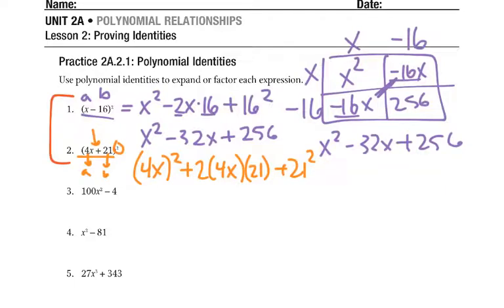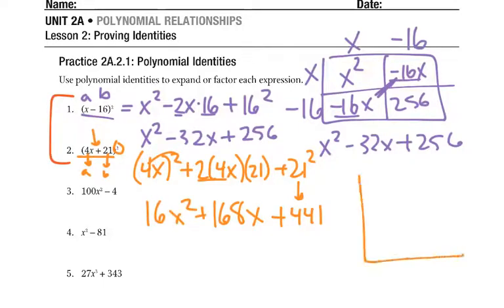Now using a calculator, we find that 21 squared is 441. Okay. 2 times 4 is 8. 8 times 21 is 168x. And then 4x squared, remember when you're squaring something like that, you square both pieces, so that'd be 16x squared.